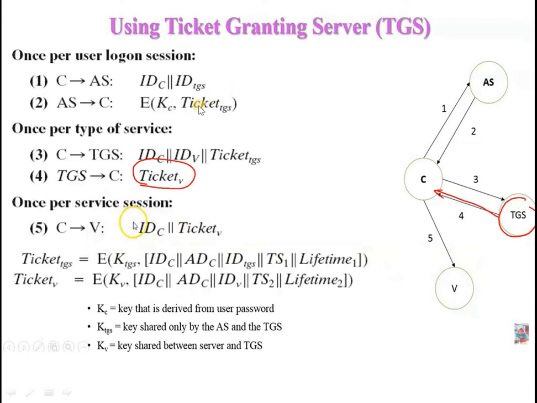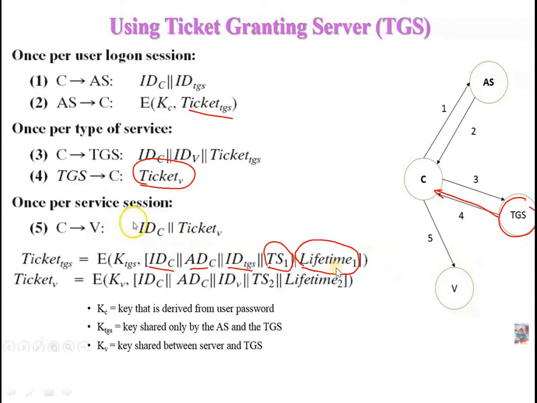What does ticket TGS contain here? As I told, it contains the identifier of the client, ADC, the network address of the client, and the ID of TGS, which has been shared by the client itself. This is very important: it adds the timestamp and the lifetime for this timestamp.